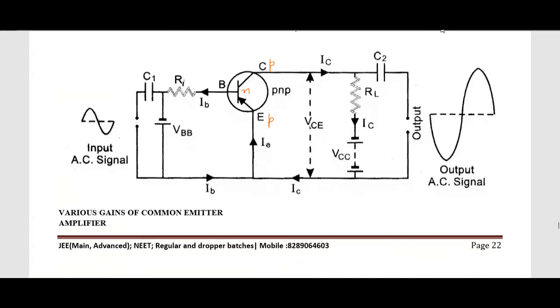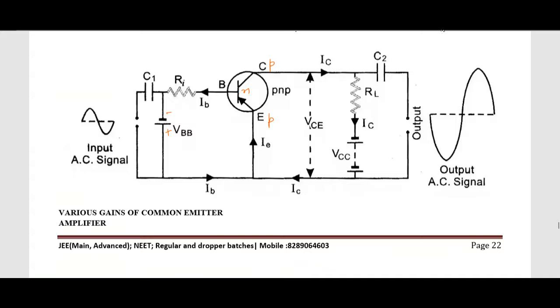Basics of circuit drawing are the same. This is emitter base section, it should be forward bias. For forward biasing, P should be attached with positive, N should be attached with negative. R is the resistance, C1 is the capacitance, this is the input AC signal.